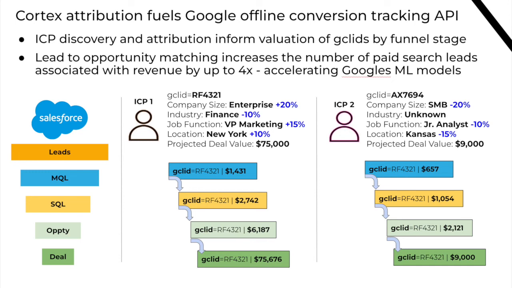Now, as you know, all of this information is changing. So your funnel conversion rates, your deal sizes, all these things are constantly moving. And so you have to have a system that's monitoring this and automatically calculating and adjusting this information as best as data science will allow. And that's what we have. And so this is how we get you the competitive advantage.